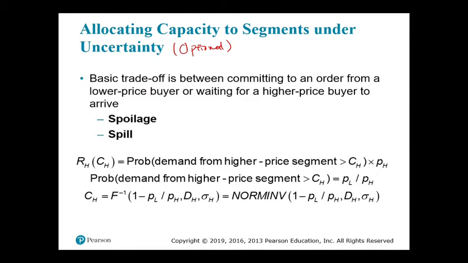So mathematically, this can also be illustrated similarly to what we were doing before when we were trying to determine the appropriate service level, the appropriate order quantity when we're facing uncertain demand.